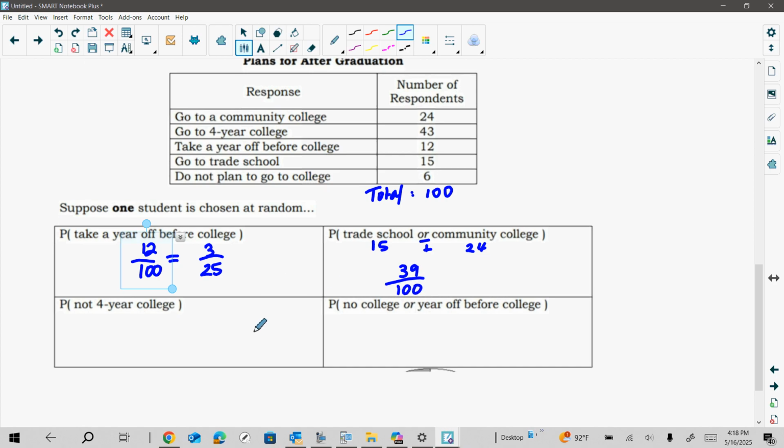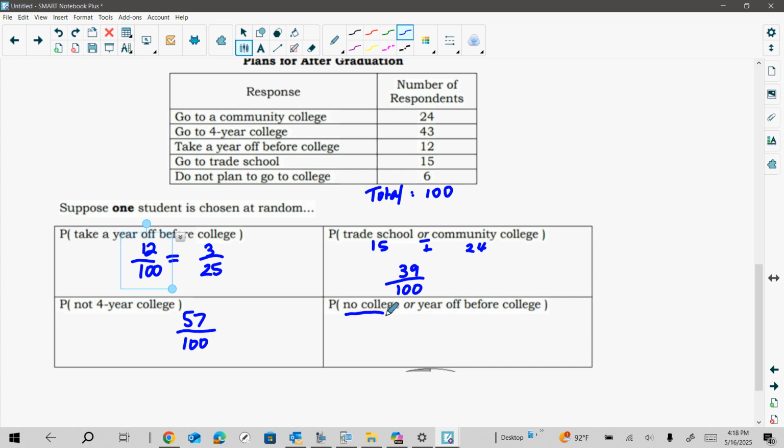Now the probability of not a 4-year college. Not 4 years of college means everything else is chosen, so we're going to exclude the 43. I'm just going to subtract that from 100, which gives me 57 out of the 100.